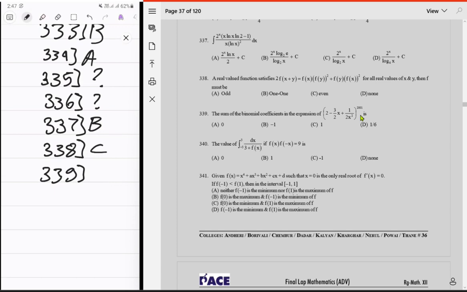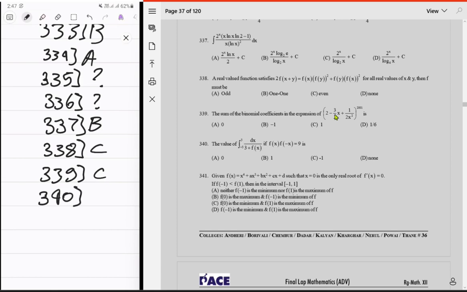But what about these guys? Do we have to look at them or not? Should I just put x equal to 1 and get this done somehow? Probably that's what we have to do, because the first thing is that 3 was given, the vocabulary was useful. Okay, just put x equal to 1, 2 minus 3 upon 2 plus 1 upon 2 is like 2 minus 1, so 1 to the power 2001. C is the answer. Next question.